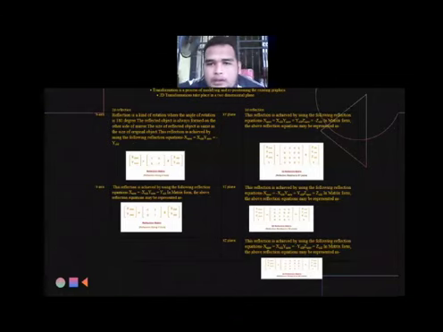This reflection is achieved by using the following reflection equation in matrix form. So in 3D reflection, we will get the same equation in xy, yz, and xz, and we will get the difference in the 3D reflection matrix, which is negative and positive numbers.